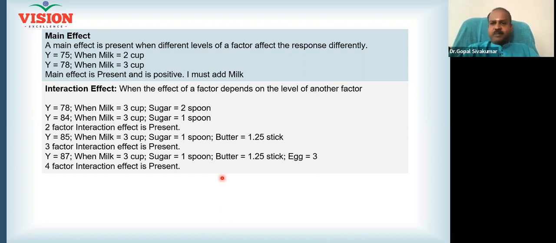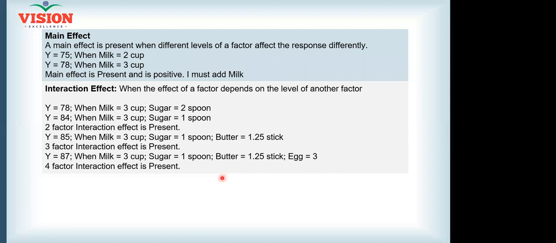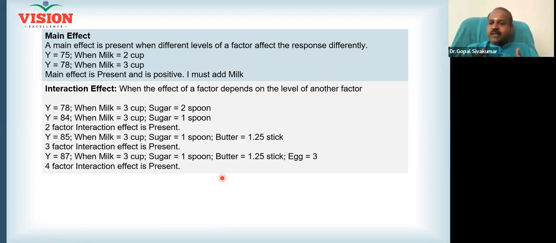Now tell me, does antibiotic A disturb the function of the painkiller? No. That means the antibiotic and painkiller do not interact. That means presence of antibiotic is not influencing the function of the painkiller. That means there is no interaction between the factors. You can take both the medicines together.